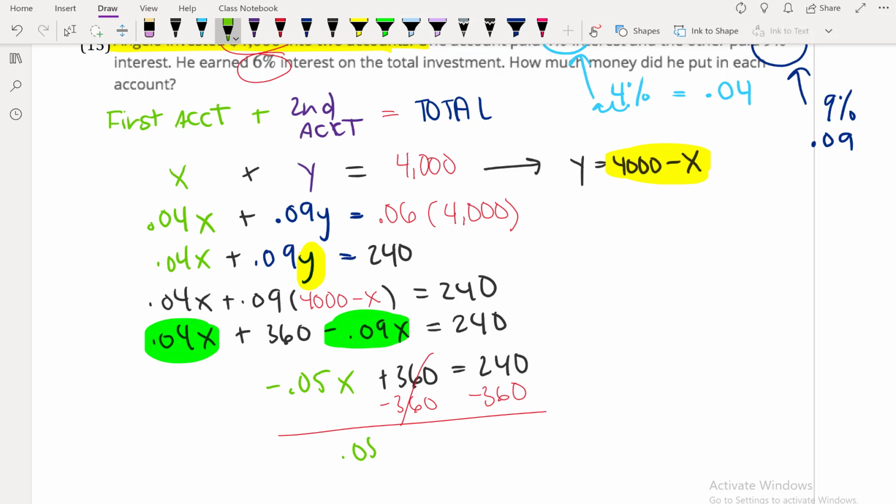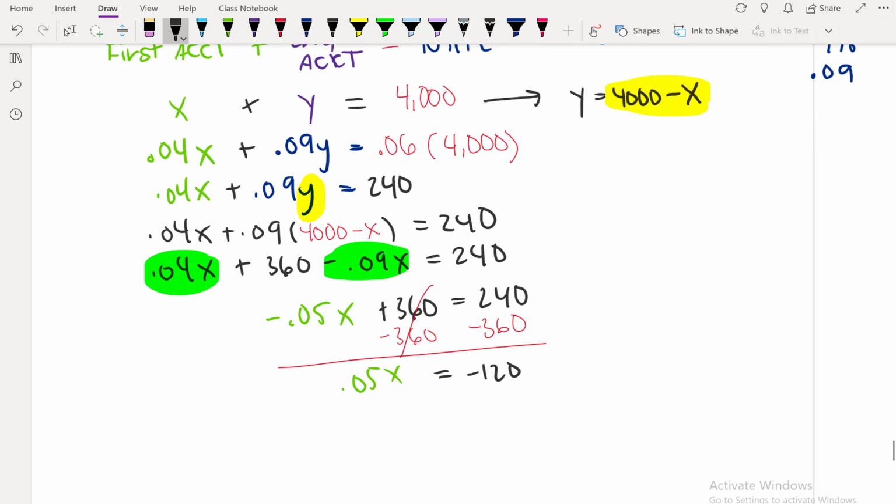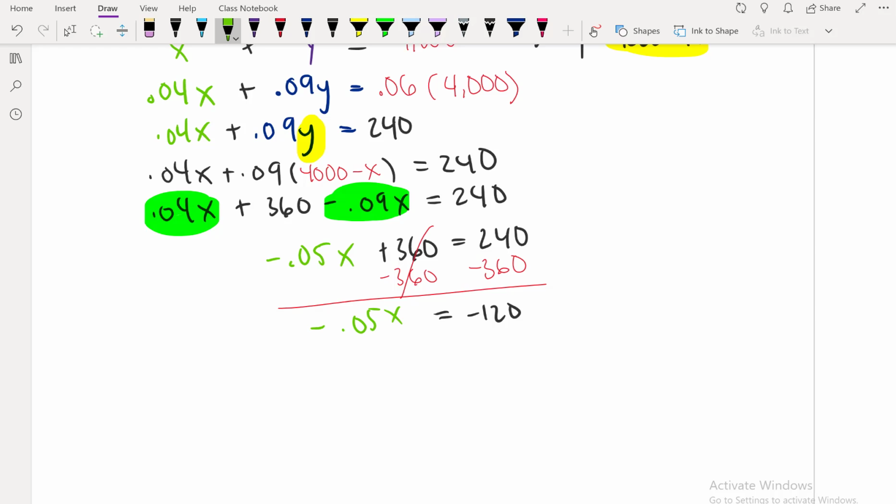So that negative 0.05x is equal to 240 minus 360, which is negative 120. And don't forget that 0.05x was negative, so when I divide, it should be a negative 0.05. So negative 120 divided by negative 0.05, I get 2,400.